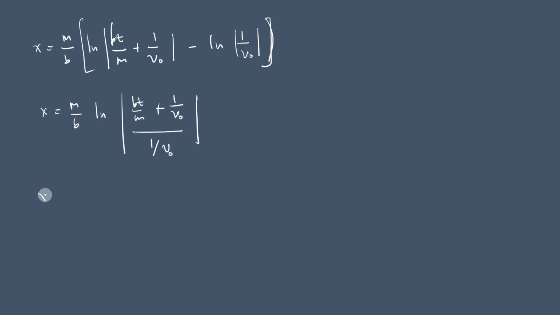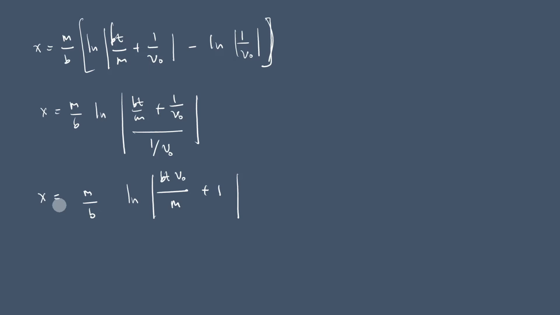So we get x equals m/b ln(v0 t b/m plus 1). That's the solution to the first problem: x as a function of t equals m divided by b ln(b t v0/m plus 1).